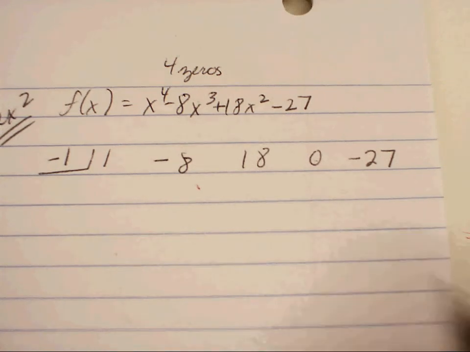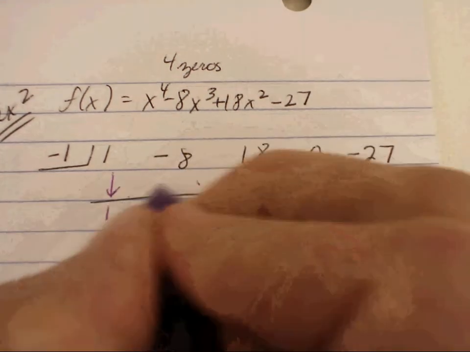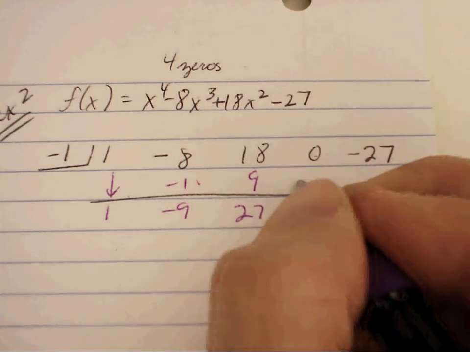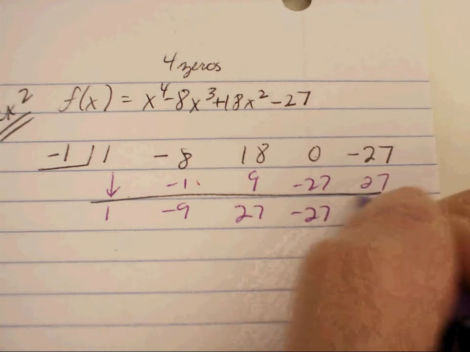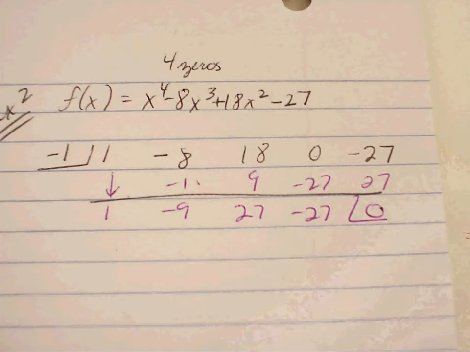Why do I need a 0? Go ahead, Haley. It's got to be a placeholder because we don't have an x. Perfect. Do your synthetic division. And is -1 indeed a factor?